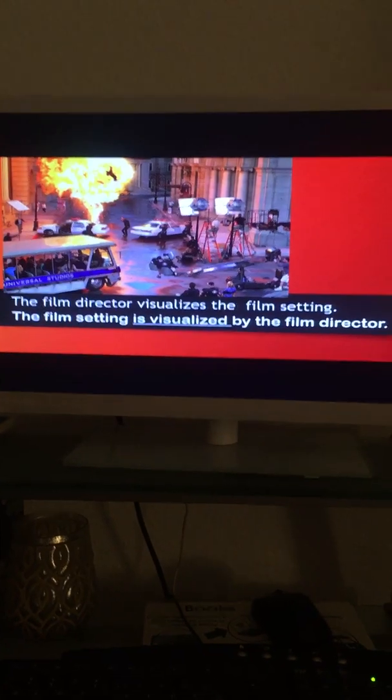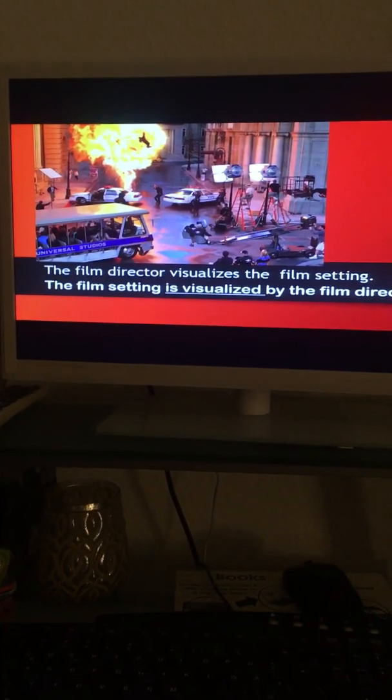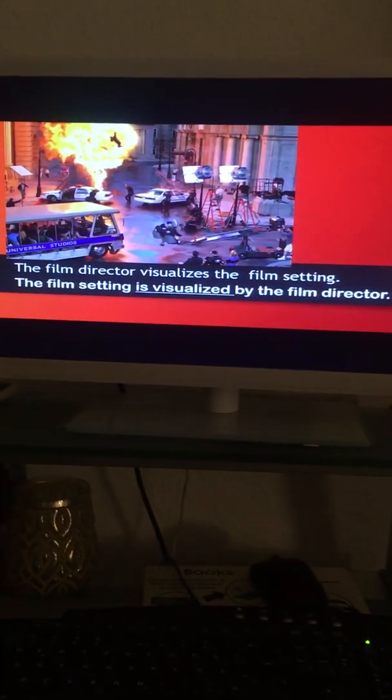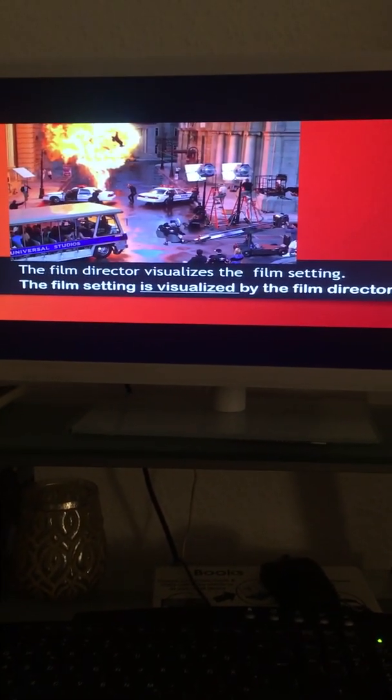So with the passive voice, you can always focus on other things, like the film setting. If you want everybody to think about the film setting, you can put that first in your sentence and automatically everyone thinks about the film setting, rather than, like in the first sentence, where you have the film director and you think about him mostly. Okay? So that's why we use the passive voice. And it's also very formal.